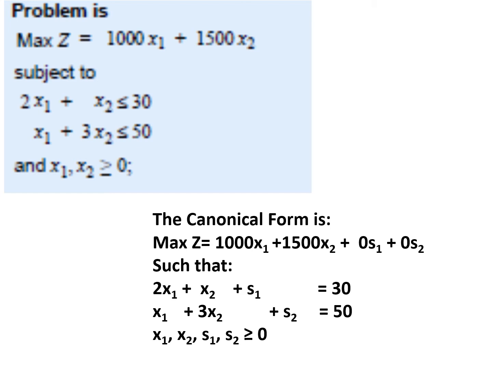The canonical or the standardized form of this particular example is formed by using the slack variables s1 and s2. Like x1 and x2, s1 and s2 are also positive. Now, it is maximization z is equal to 1000x1 plus 1500x2 plus 0 into s1 plus 0 into s2.